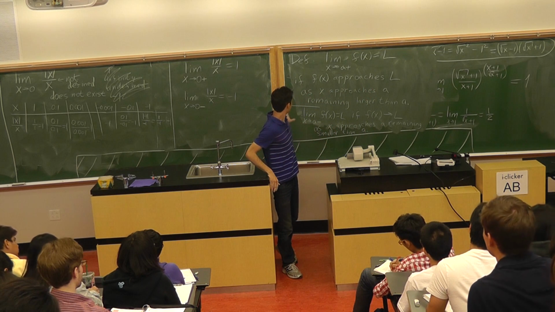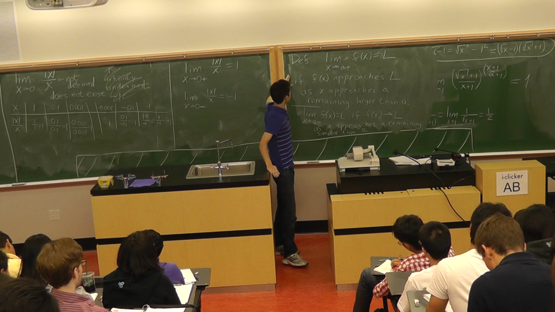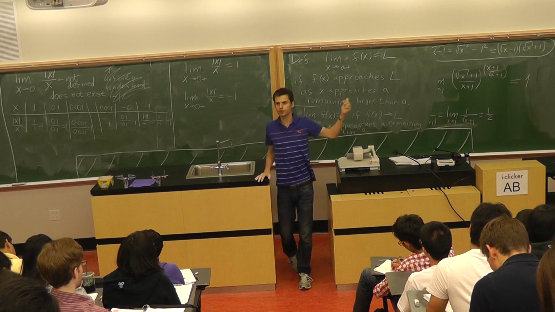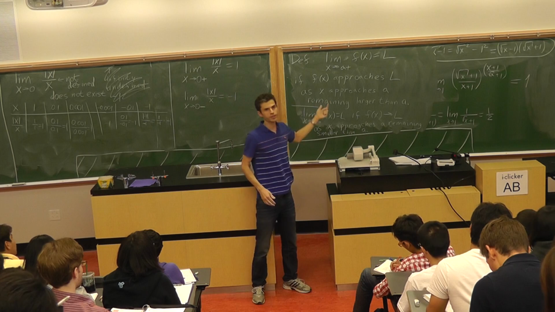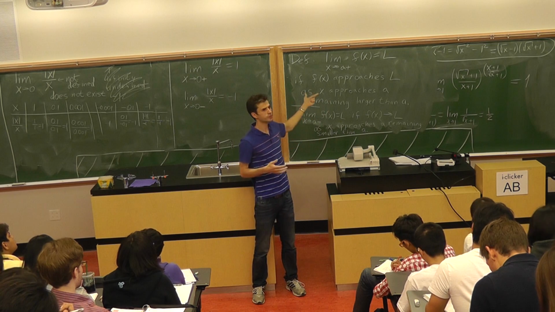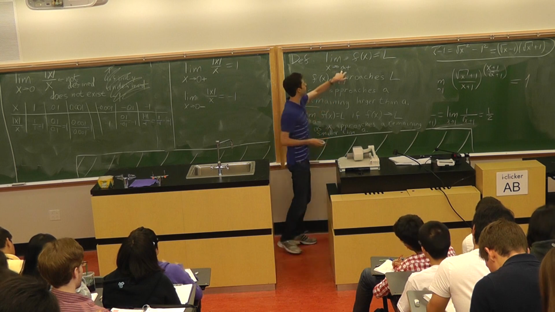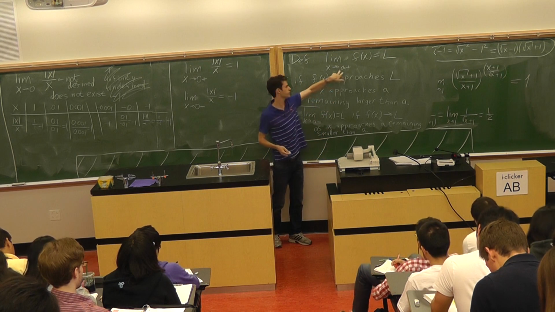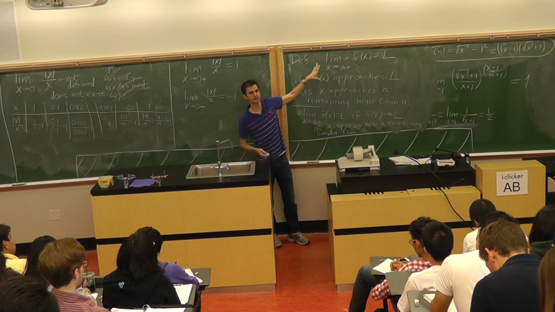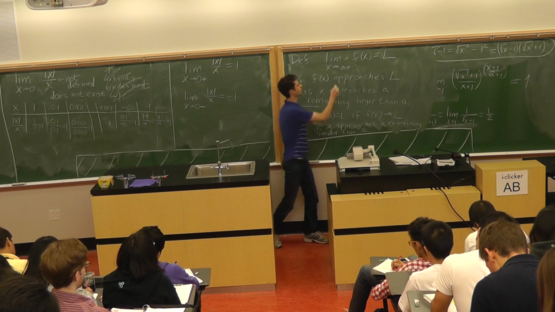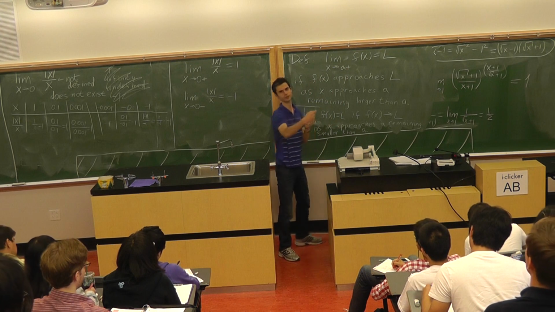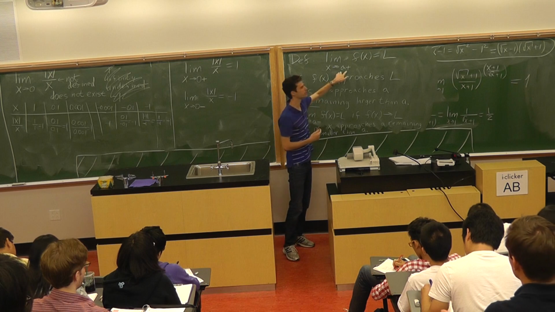So here I just introduce a new phrase to our lexicon. We'll say that the limit of a function from one side, from the right, is called the limit from the right, meaning that you approach a from the right, you stay bigger than a.